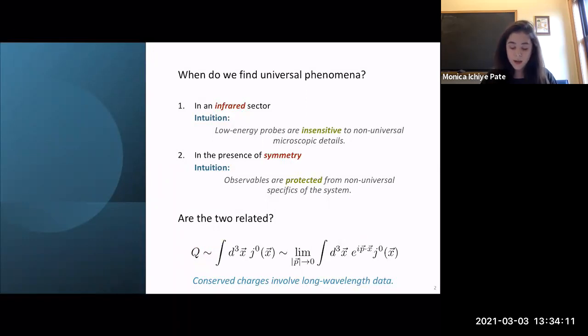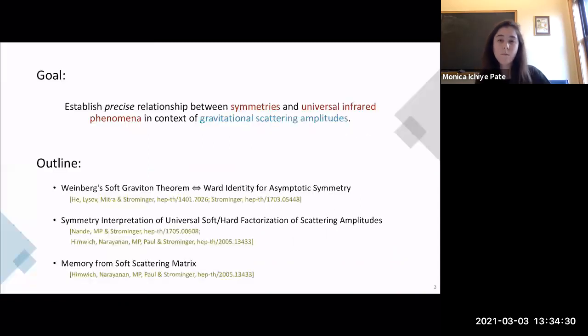Well, then you can write it as the spatial integral of the zero component of the Noether current, which, if you interpret it as a Fourier transform, is picking out the long wavelength behavior of the current density. So in other words, this conserved charge is telling you something about long wavelength data. But today we're going to do much better. In particular, what I'm going to be describing to you is examples of precise relationships between symmetries and universal infrared phenomena in the context of gravitational scattering amplitudes.